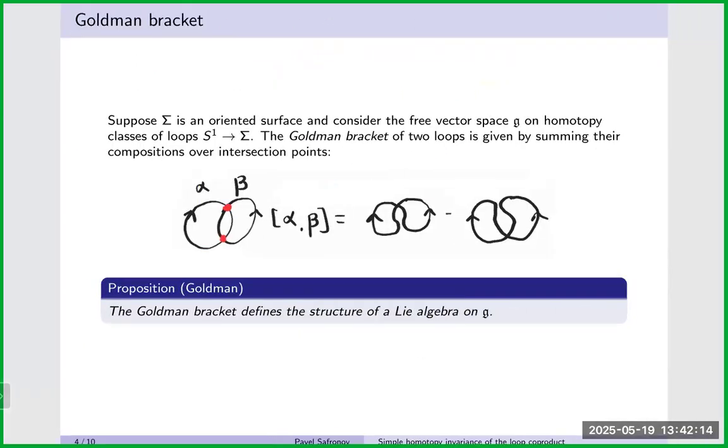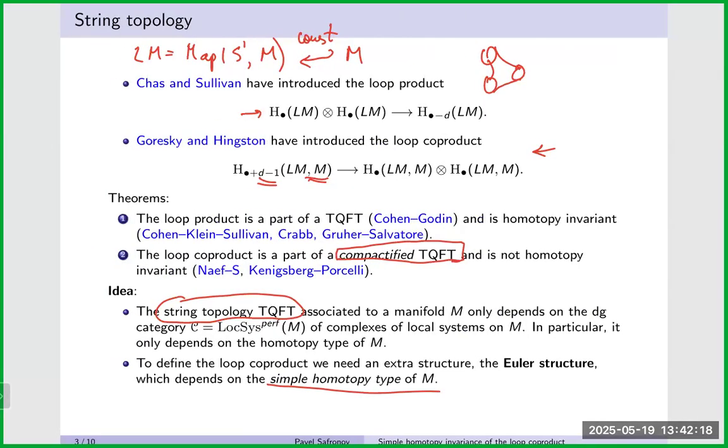Right. So I will not define this loop product and coproduct in detail. What I want to explain is a precursor to these operations in the case of surfaces.